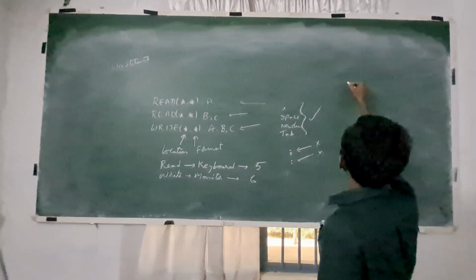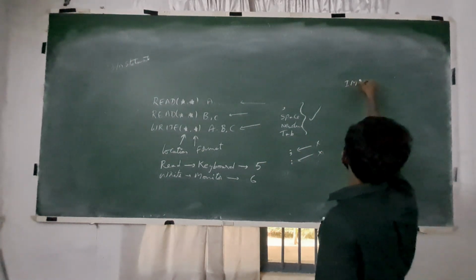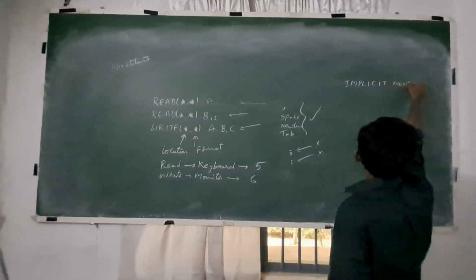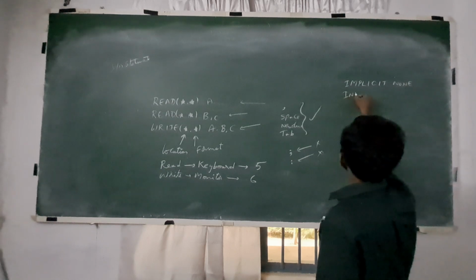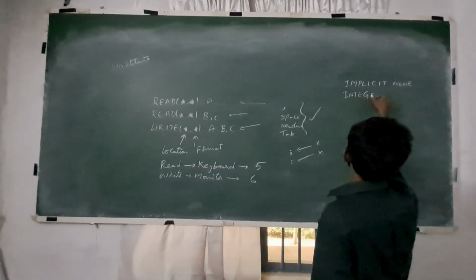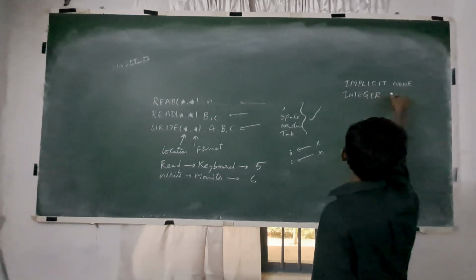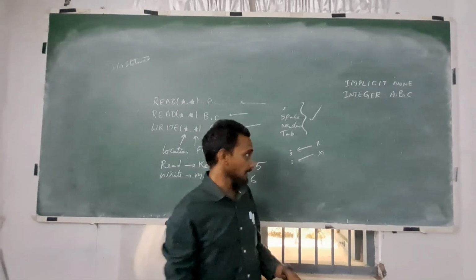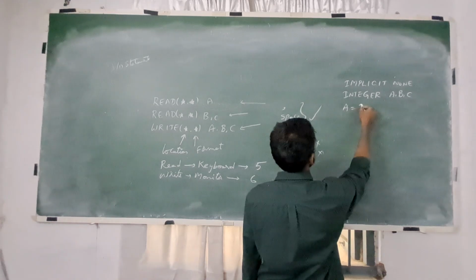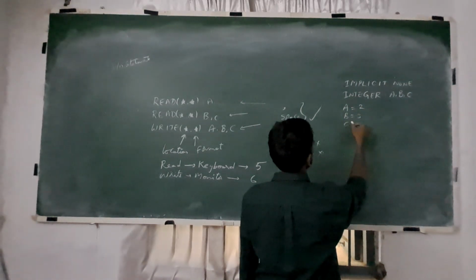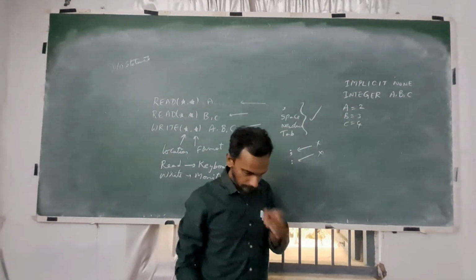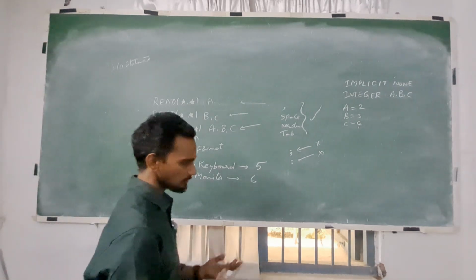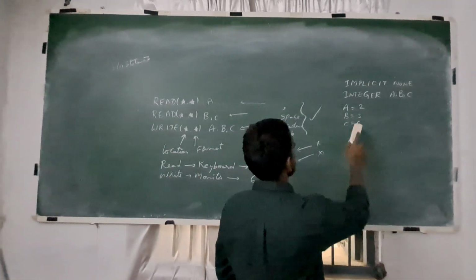So let's start with implicit none, integer A, B, C, and you are assigning values directly: A is 2, B is 3, C is 4. Otherwise, you want to read some data from keyboard.